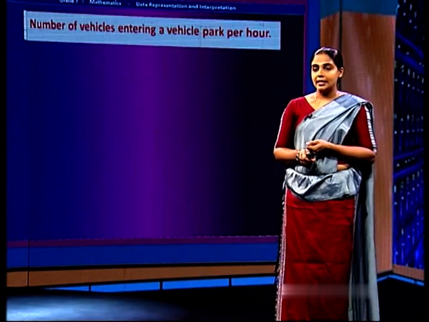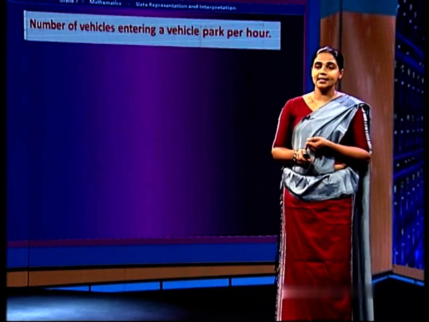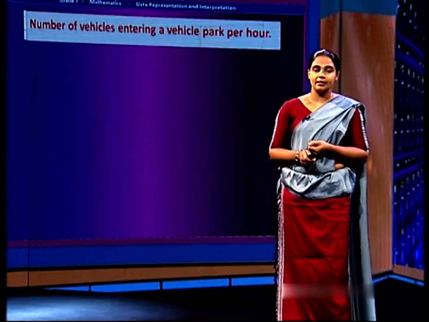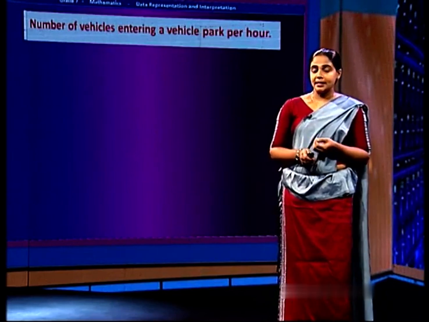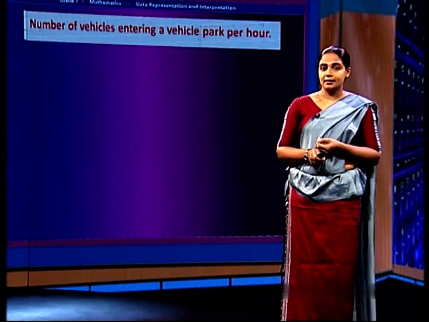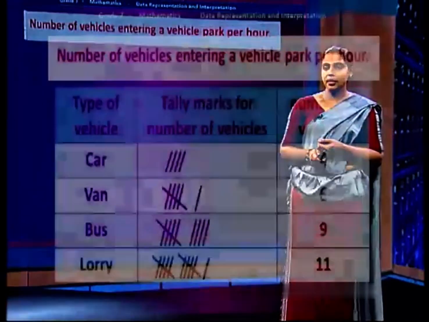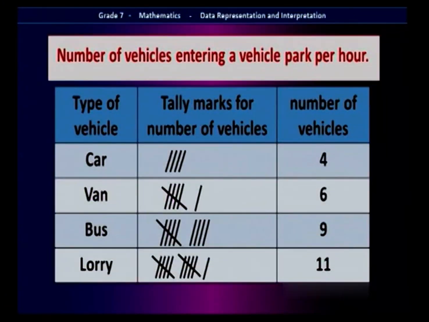Now we are going to collect data on the number of vehicles entering a vehicle park per hour. At the beginning of that hour, using a table and tally marks, let's collect data. Then you can see the collected data.